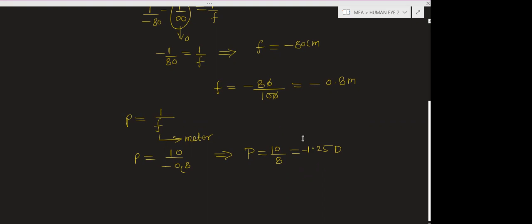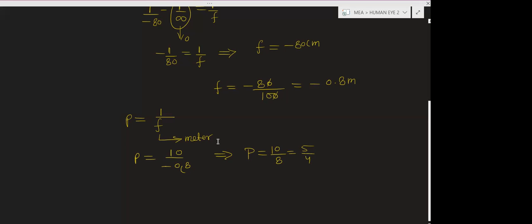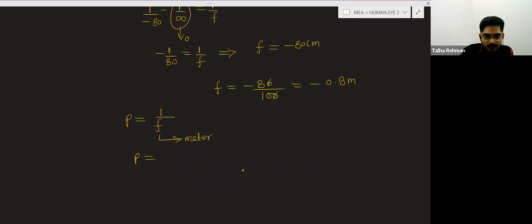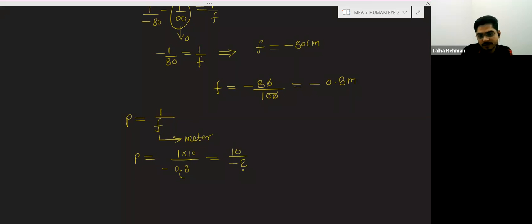Sorry, how is it 8 from 0.8? Just a minute. See, the focal length is minus 0.8. When you remove the point, you multiply by 10, so this will be 10 by minus 8.